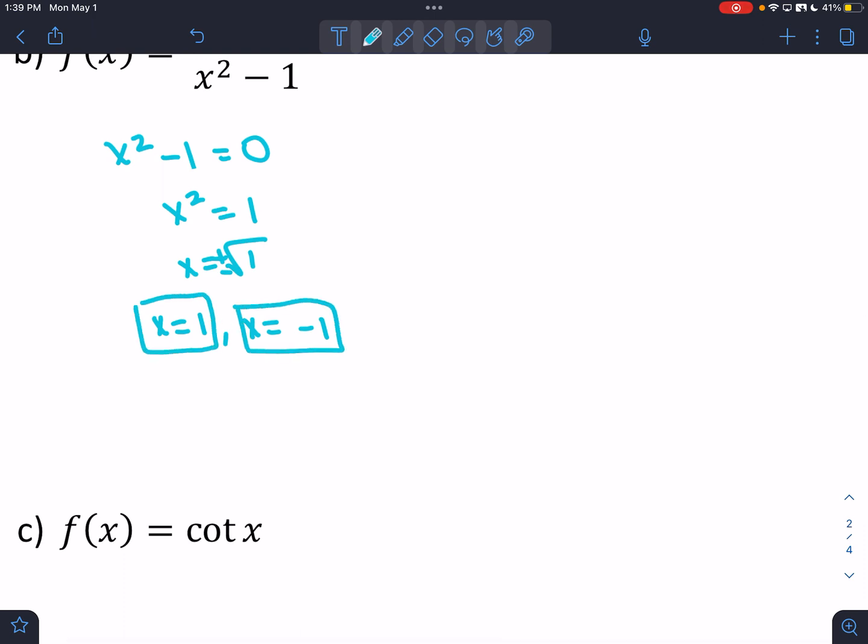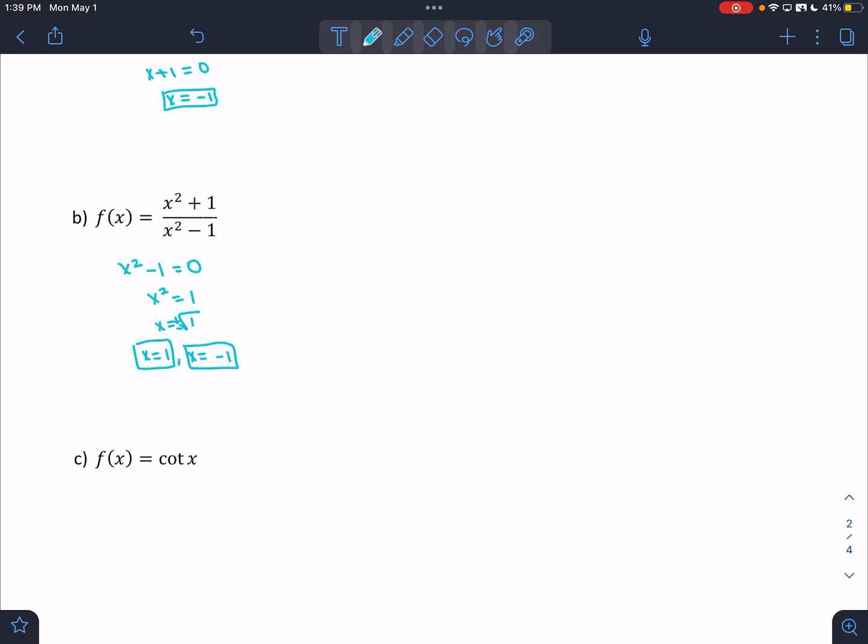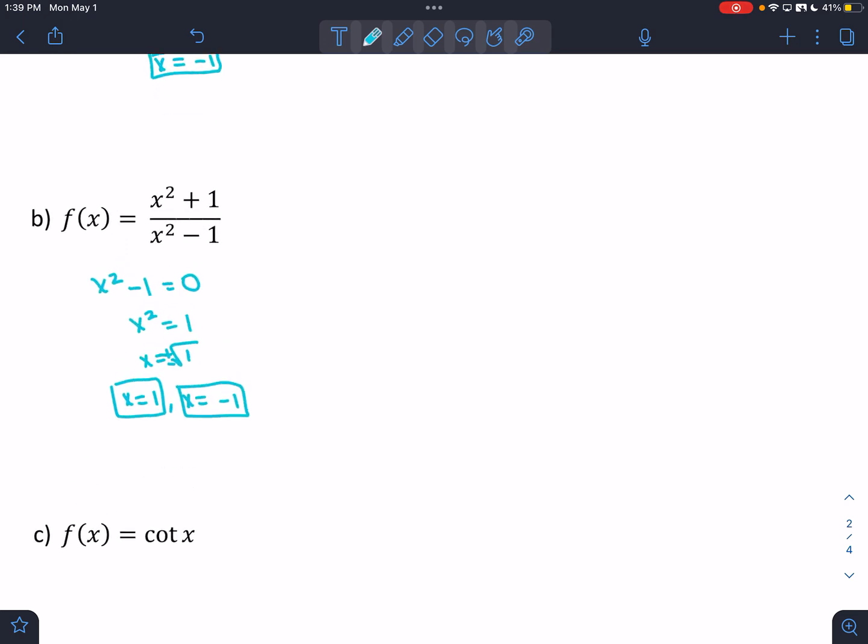Since the numerator is not 0 at either point, they are both asymptotes. But you do need to check.